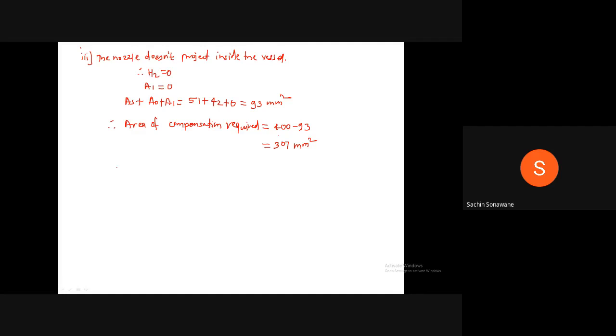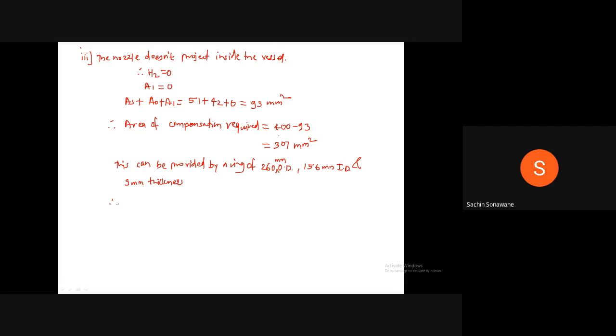Write down, this can be provided by a ring of 260 mm OD, 156 mm ID, and 3 mm thickness.